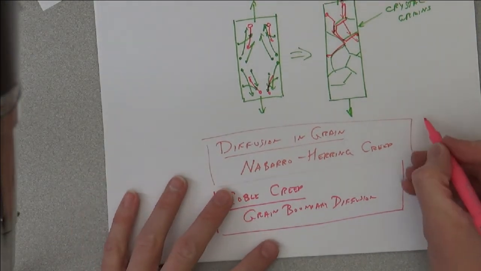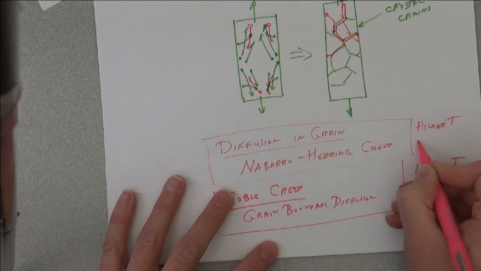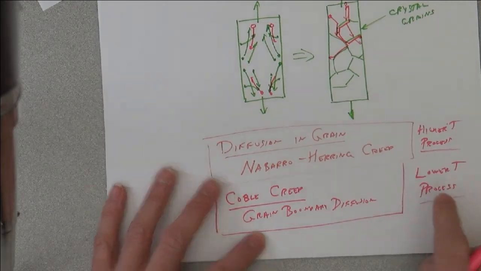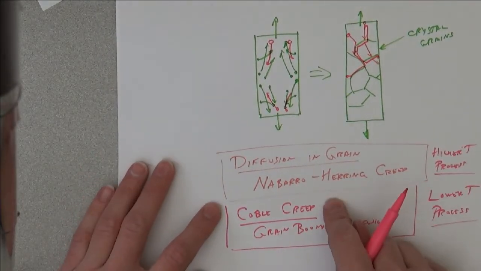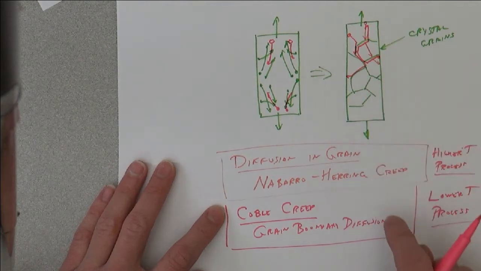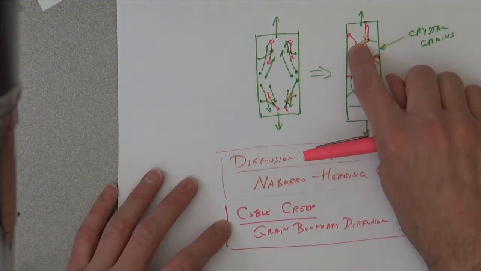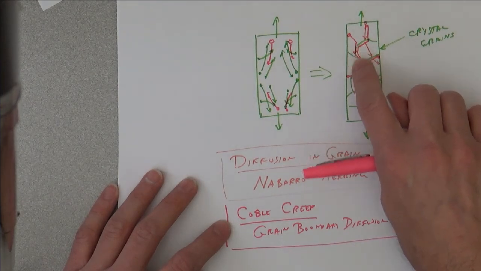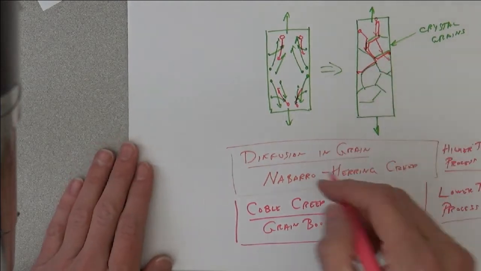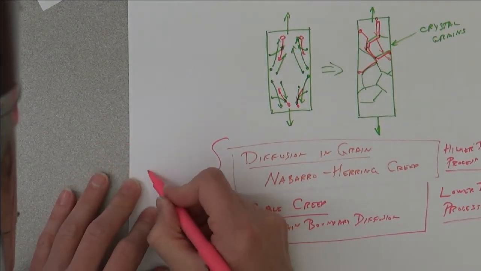Through the grain is typically a higher temperature process. But the interesting thing is, if you heat it up, the atoms don't stop diffusing through the grain boundaries. They also start diffusing through the body of the grain. So both these processes are active.